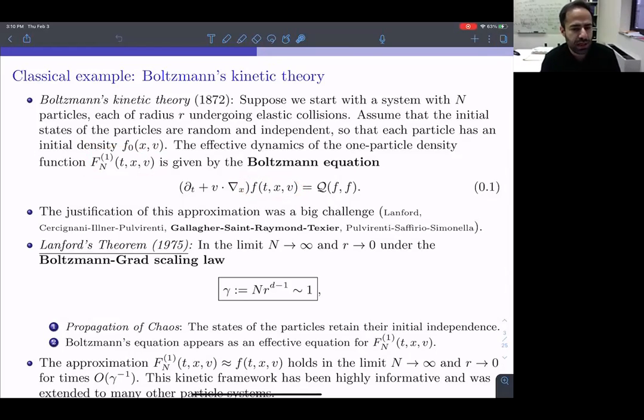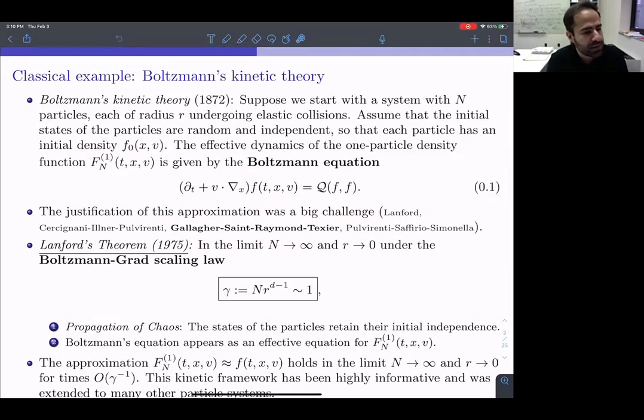And this was a big challenge. It was formulated as a rigorous mathematical theorem by Lanford in 1975, but this proof needed to be extended and completed, and this was done mainly in the recent work of Gallagher, Saint-Raymond, and Texier.